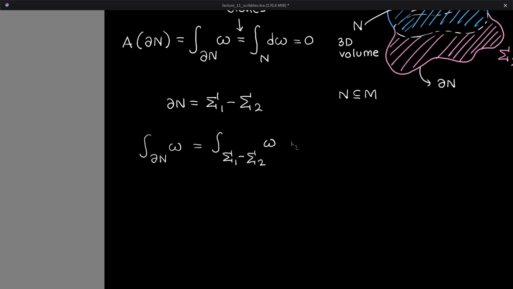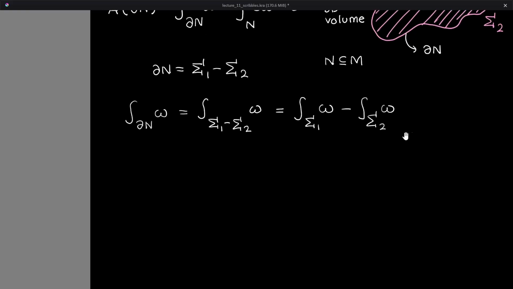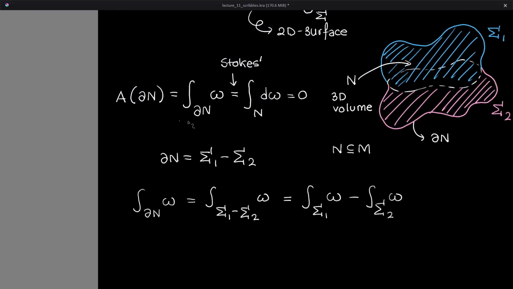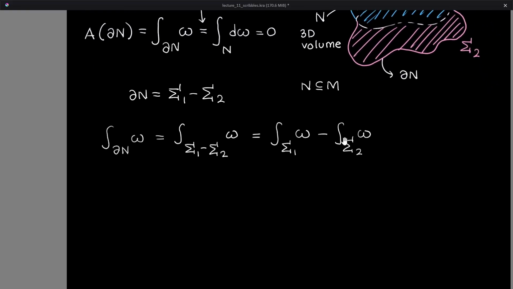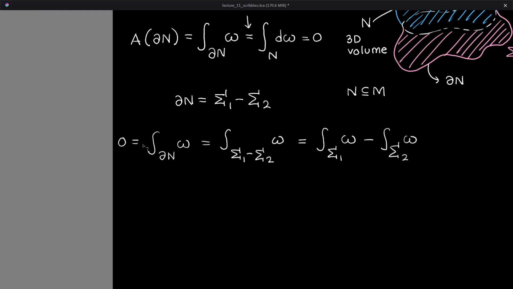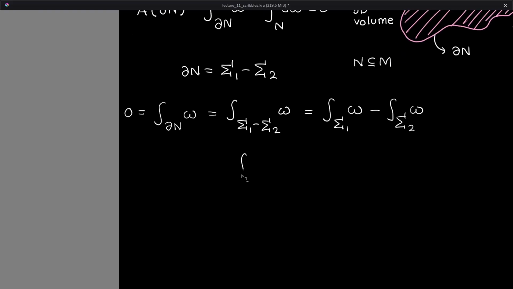So this is this whole surface here. And if we decompose that, we can decompose it like this: one integral over sigma 1 of omega minus another integral over sigma 2 of omega. And since we know that this is equal to 0, the integral over sigma 1 of omega is equal to the integral over sigma 2 of omega; we're just swapping sides.